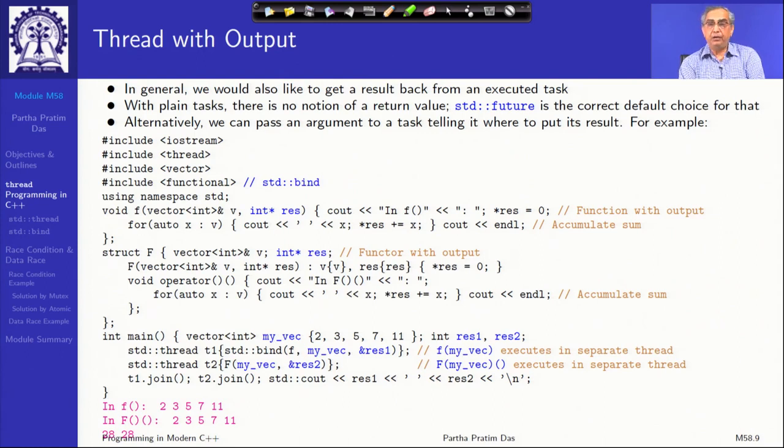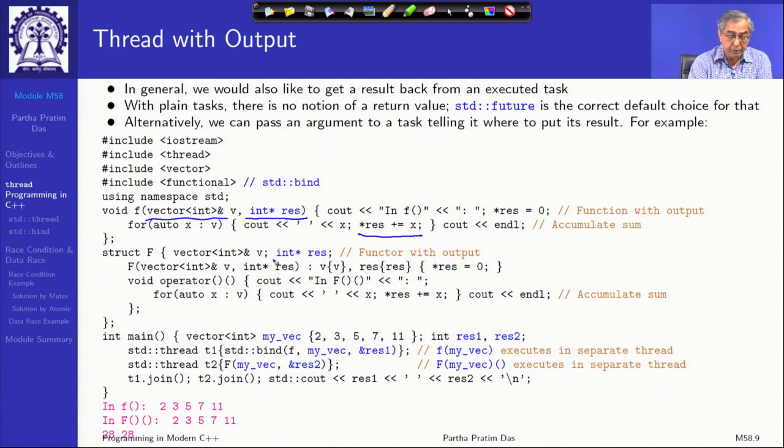But what you can always do to get the output is pass some parameters as either a pointer parameter or a reference parameter and get the output through that. So, let us say we pass the vector as an input and we pass a pointer to res, where in res we compute the sum of the vector elements.